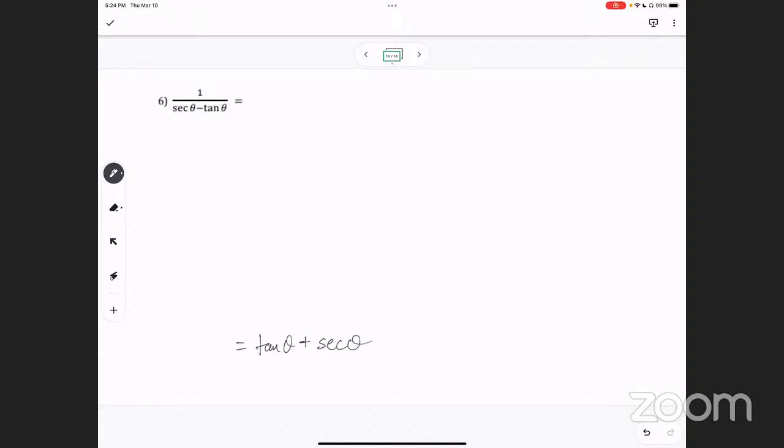Multiply the bottom of what? The bottom of the fraction. Wait, actually, maybe I want to start by distributing the tangent, rewriting the tangent as sine over cosine. Okay, you just tell me what to write. I'm gonna stay out of it. I'm just gonna do what you tell me to do. Okay, so I'm gonna do the secant of theta.